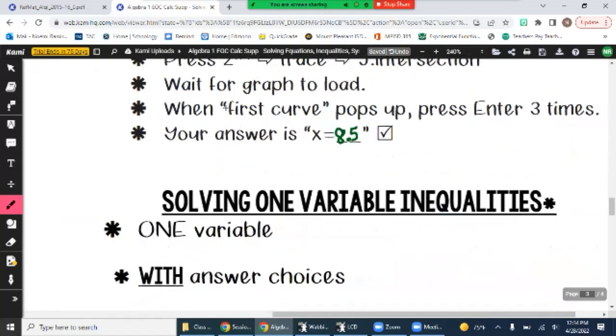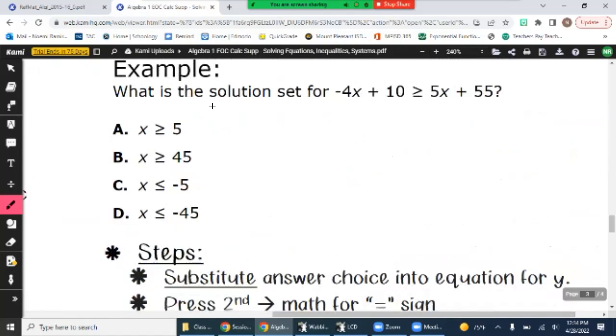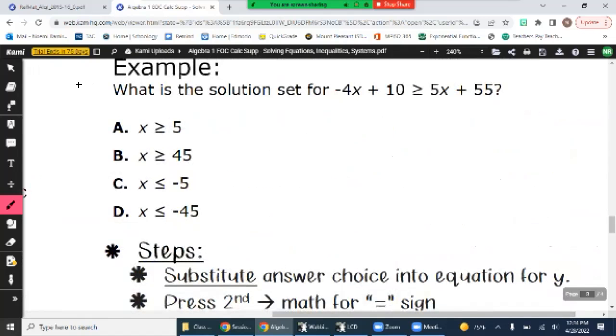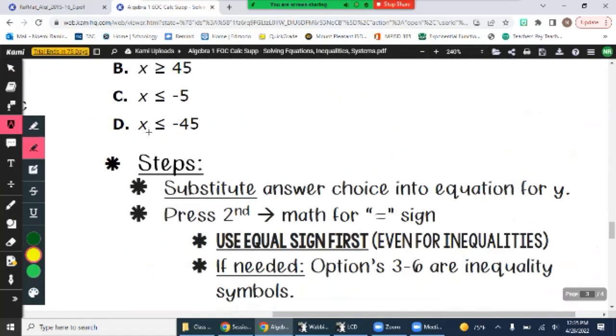All right, now we have inequalities. You're going to treat an inequality very similar to an equation, even though we have that greater than or less than symbol. You're always going to use the equal sign first.